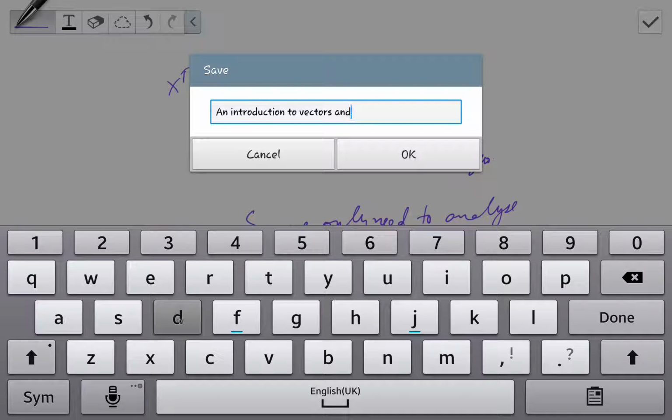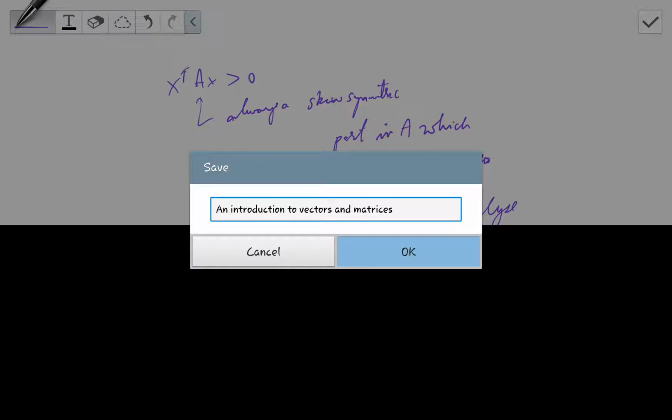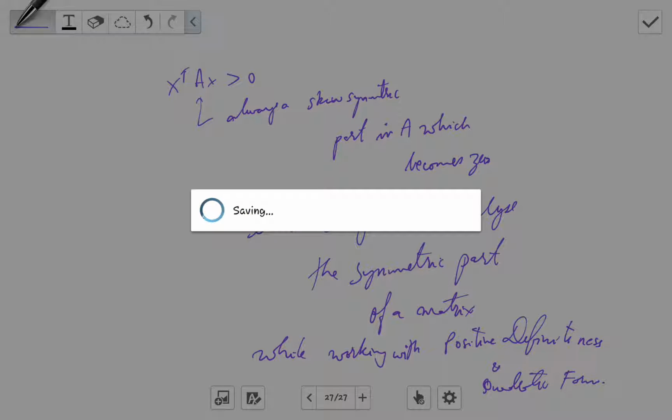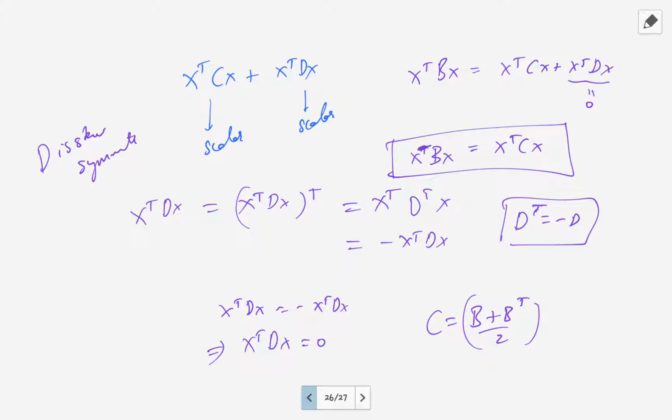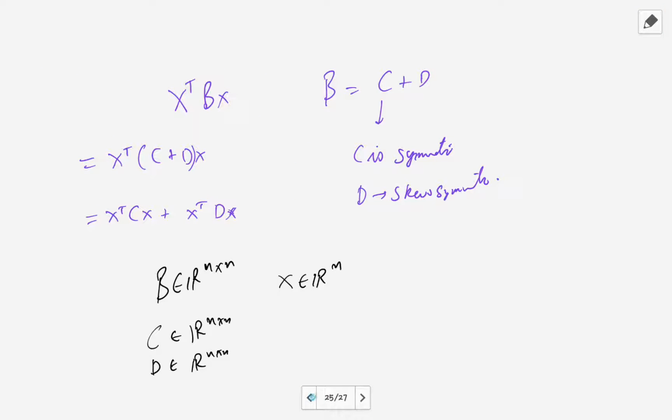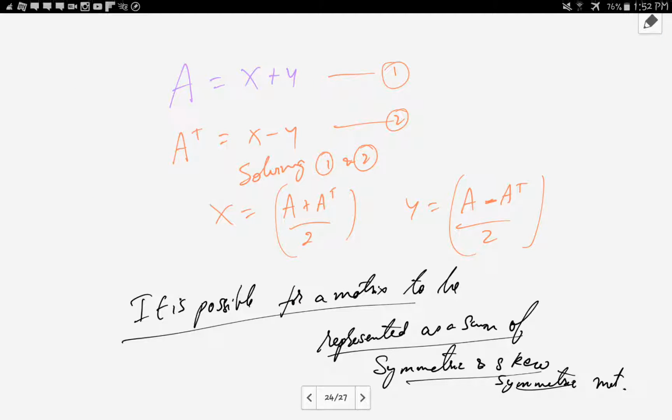Since there is no skew symmetric part, the B matrix is essentially symmetric. Theoretically, you only take symmetric matrices in these terms. That is the reason why, in optimization problems, we do this. Okay, so we'll stop this session now.